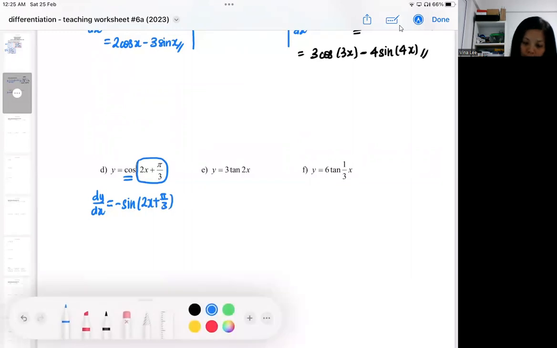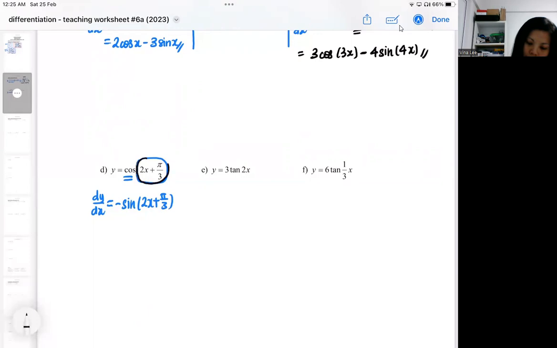Then additionally, you differentiate 2x plus pi over 3. Pi over 3 is a constant, so that's a 0. So the 2 is multiplied to the function, not to the angle. The angle stays as 2x plus pi over 3.